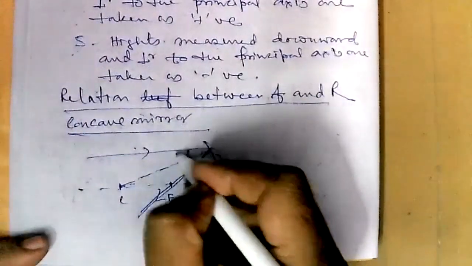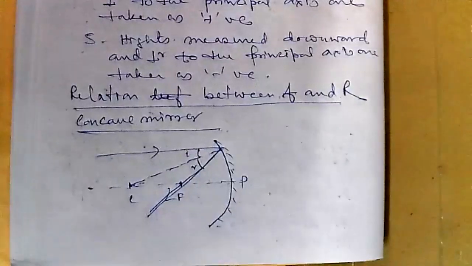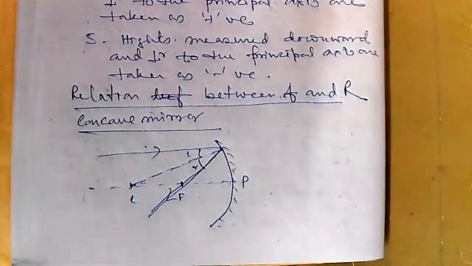So here this is I, so this will be R. These two should be equal.